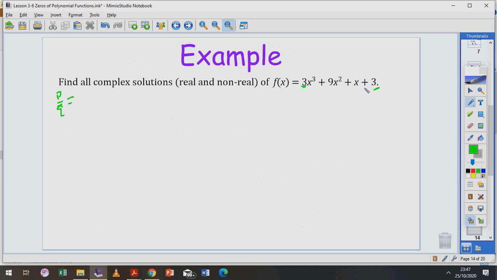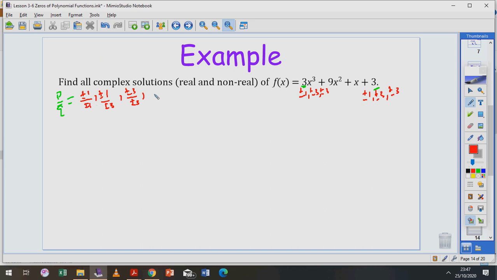So it's going to be factors of 3, which are plus or minus 1, plus or minus 3, and this one is also plus or minus 1, plus or minus 3. So the options, remember each of these goes with each of these.